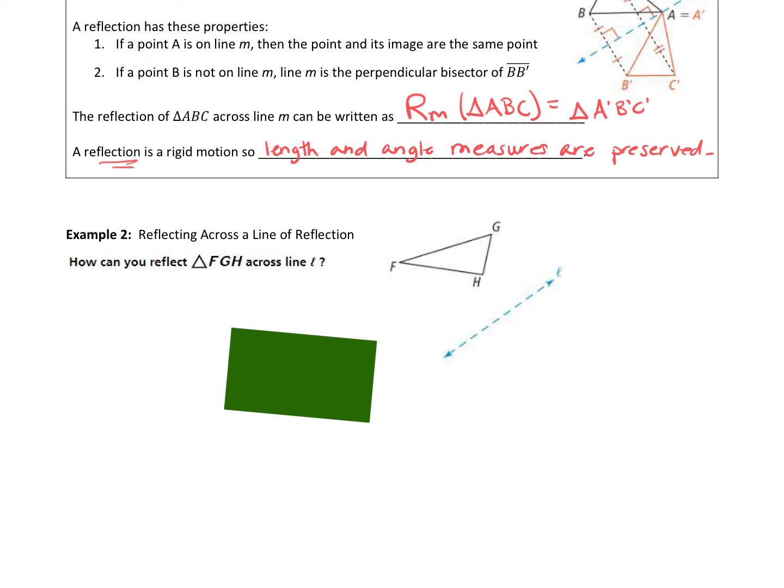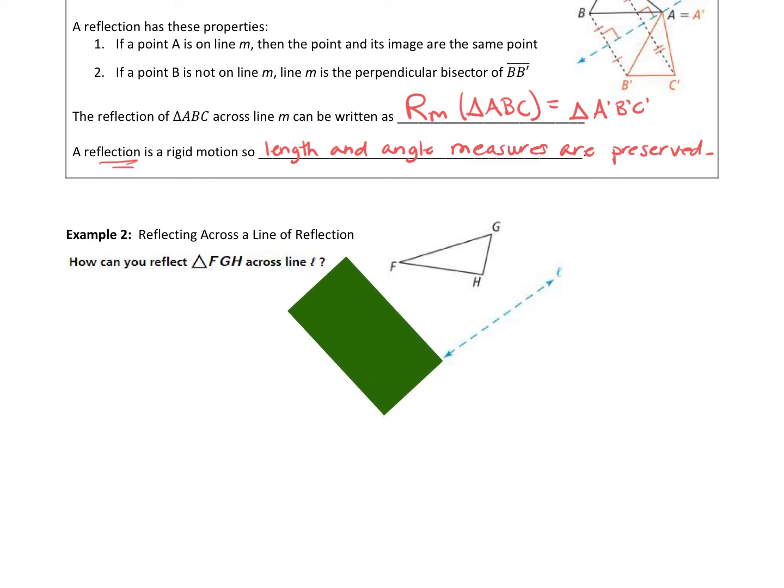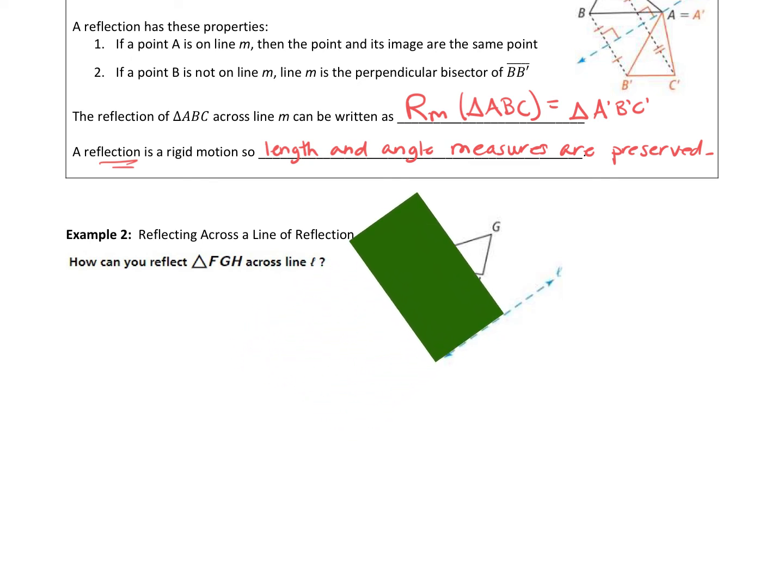So I have this rectangle right here. I'm going to use this to help me get perpendicular lines. My rectangle has right angles, so I'm going to line up the corner of my rectangle with my line of reflection, and then with a vertex of the triangle. So that's pretty decently lined up. Now I'm going to draw in that dashed line just along that right there.